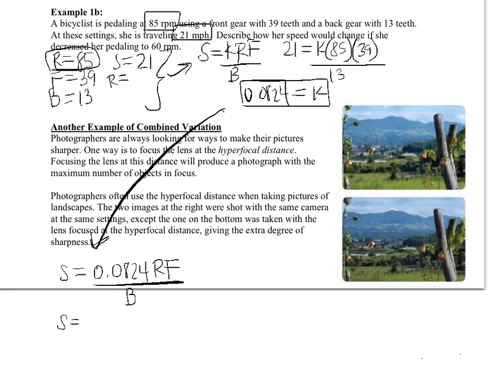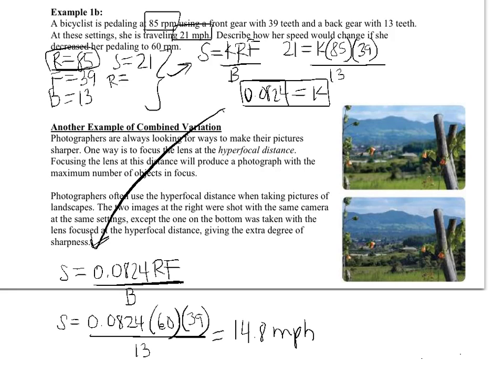So now we're trying to solve for speed now, and we have 60 RPMs. Our front teeth, we still have 39, and our back teeth, we still have 13. So our new speed equals 14.8 miles per hour. So she went from 21 miles per hour to 14.8 miles per hour just by decreasing her pedaling to 60 RPMs.